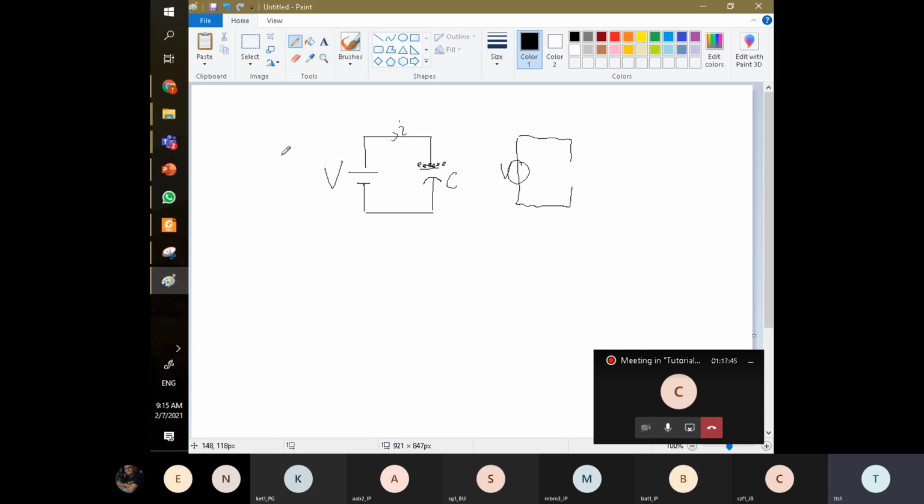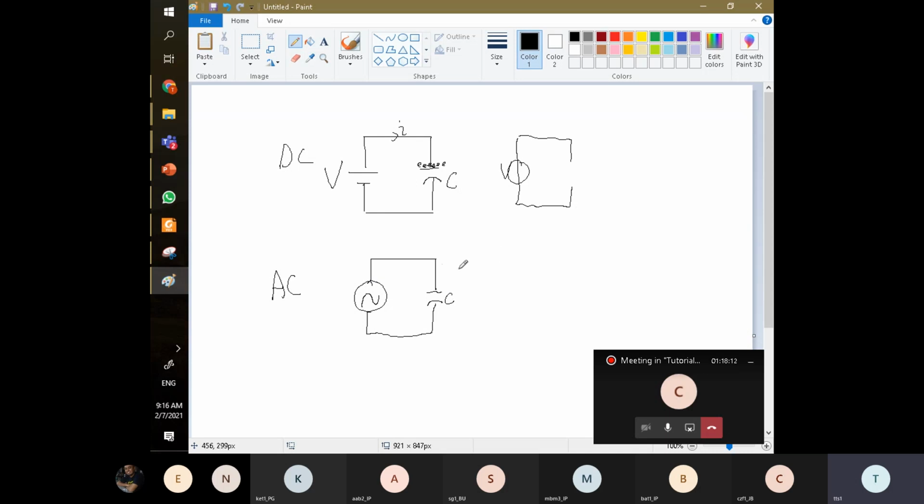But this is DC. For the AC, the thing is quite different. For the AC here, the capacitor will behave differently. How different is it?